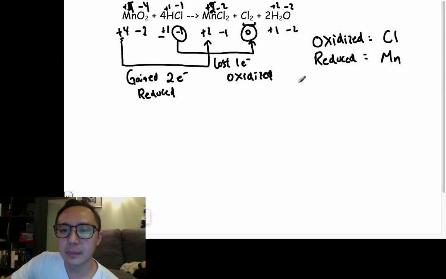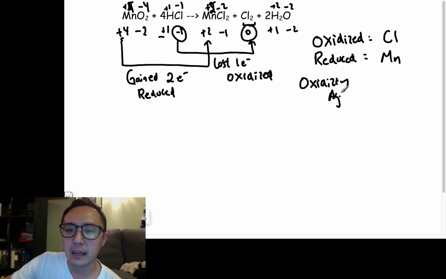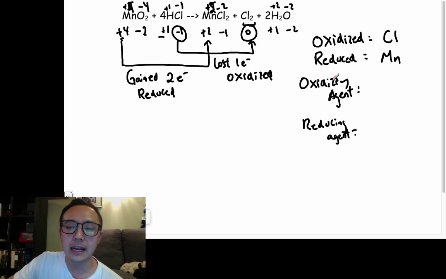Now we look at what we call an oxidizing agent and reducing agent. This is sort of like the opposite of what's actually happening. The oxidizing agent is the compound that's causing the other to lose electrons.